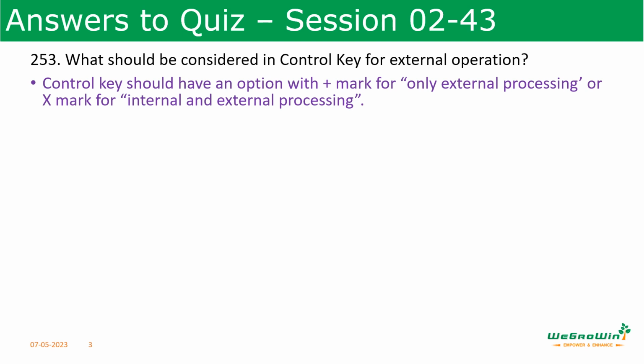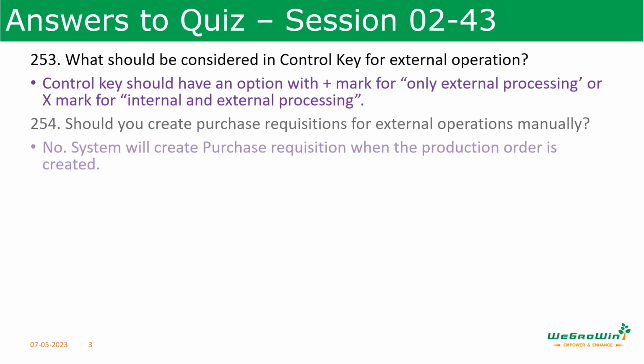In control key configuration, under the external processing checkbox, there should be a plus mark for only external processing and an X mark only for internal and external processing. Should you create a purchase requisition for external operations manually? No. The system will create a purchase requisition when the production order is created, provided we created all the required master data properly.